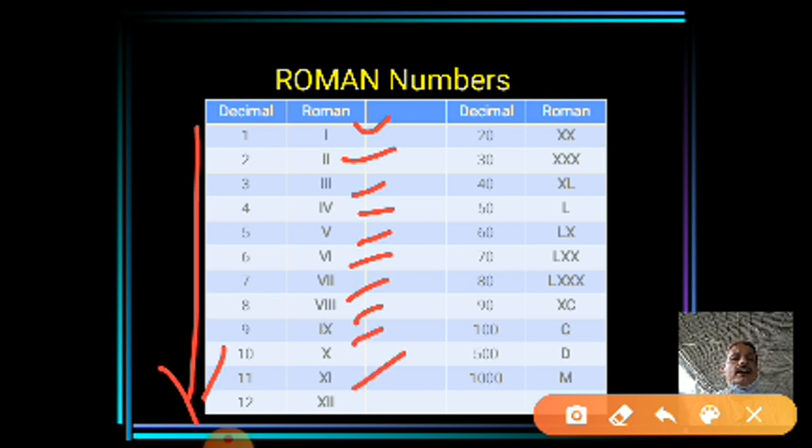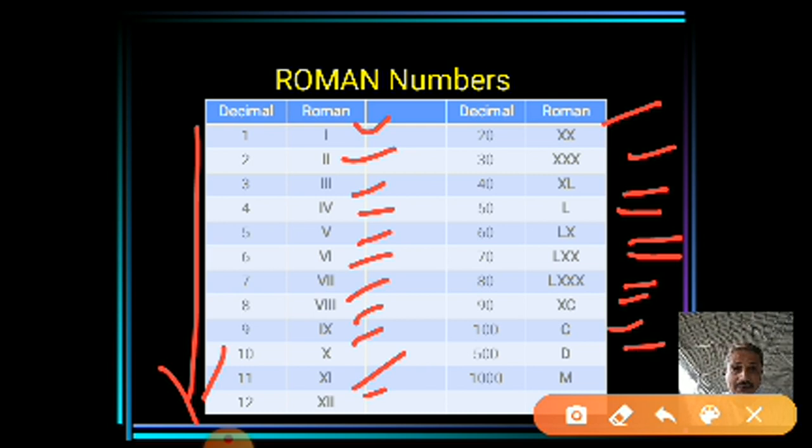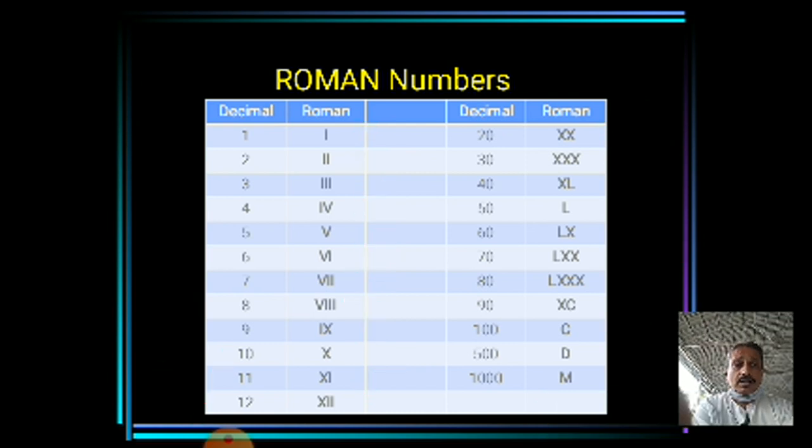And 11 is XI, 12 is XII, 20 means XX, 30 means XXX, 40 means XL, 50 means L, 60 means LX, 70 means LXX, 80 means LXXX, 90 means XC, and 100 means C, for century. Remember this word. D for 500, and for 1000 M, M for maths. Clear? Now you remember this table also.